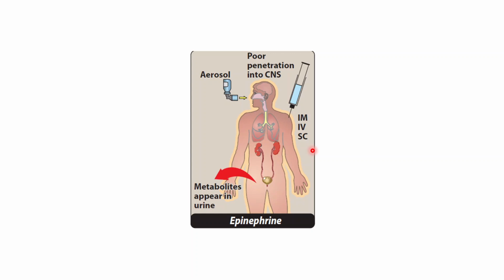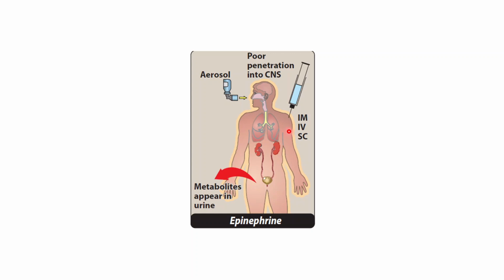The onset of action is very rapid, especially when injected intravenously. It can also be used as an aerosol, and the duration of action is short because of the rapid degradation. The intramuscular route has a faster absorption rate, and in emergency it can be given intravenously.